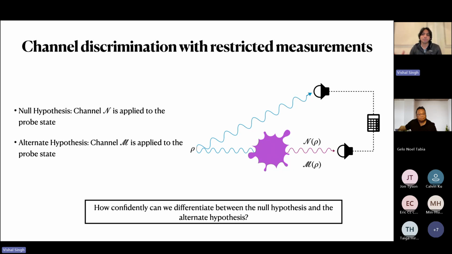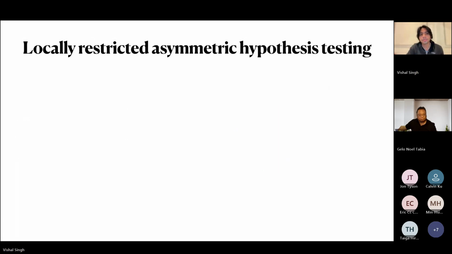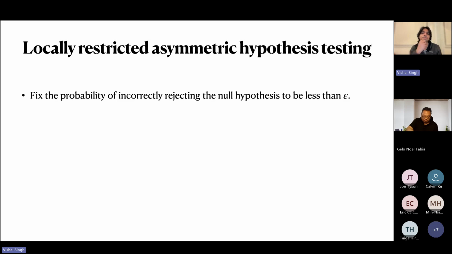And then once again, from an information theoretic perspective, we are interested in the question: how confidently can we differentiate between the null hypothesis and the alternate hypothesis? Formally putting this together, we call this problem the locally restricted asymmetric hypothesis testing. We fix the probability of incorrectly rejecting the null hypothesis to be less than epsilon.